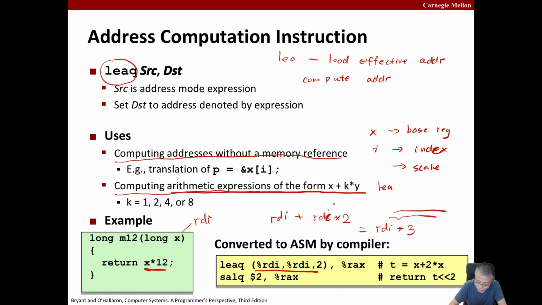Then we do our left shift by 2. So this will equal RDI multiplied by 12. The compiler tries to generate this kind of instruction because the LEA instruction is much faster than the multiplication instruction.